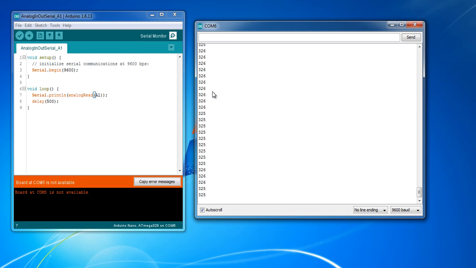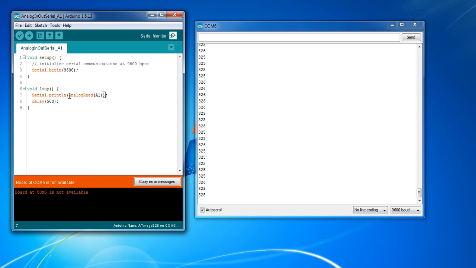So you divide this number by 1023 and then you multiply it by 5. That is how you scale it to the 0 to 5 volt range, since the power supply of the Arduino is 5 volts.